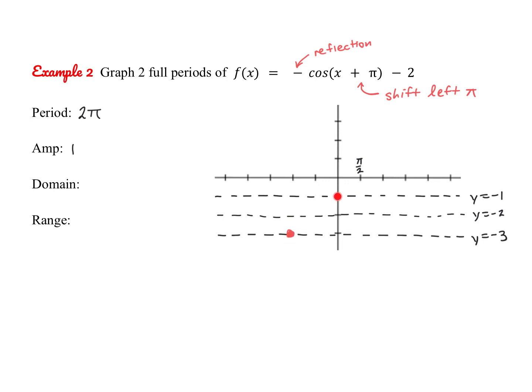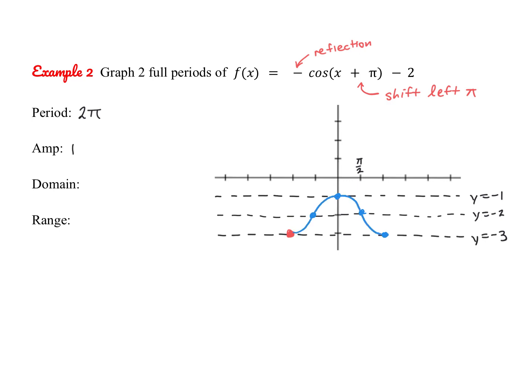Again, the reflection brings our starting point to the minimum, and then we have to shift to the left pi units. From here, we can simply follow the pattern of cosine for hitting our 4 quadrants. We would go middle, maximum, middle, minimum. That's 1 full period to the right.